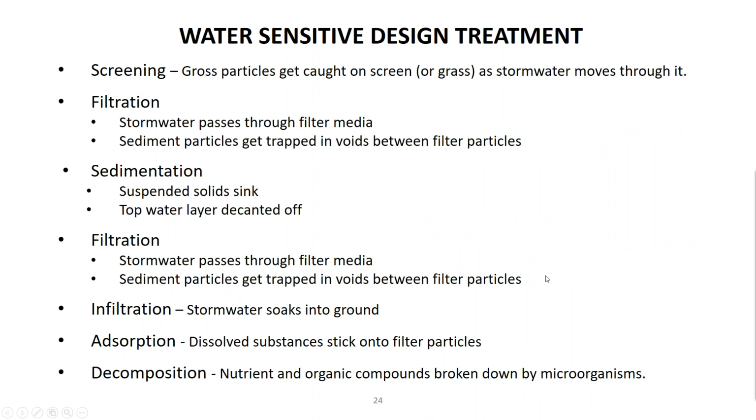The other thing we're trying to achieve is to treat the water, to remove some of the contaminants that are in it as it moves across the land. So there's screening. The gross particles get caught on the screen or grass, just the way it would happen if water is flowing across grass.